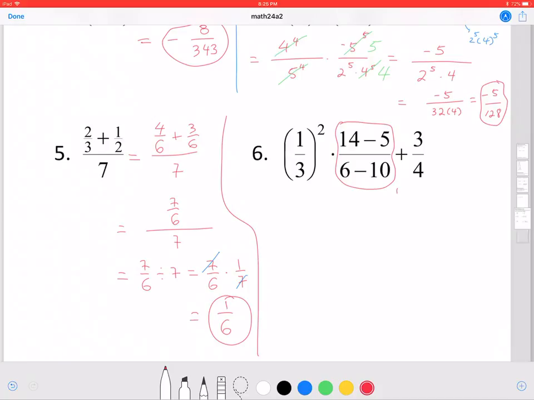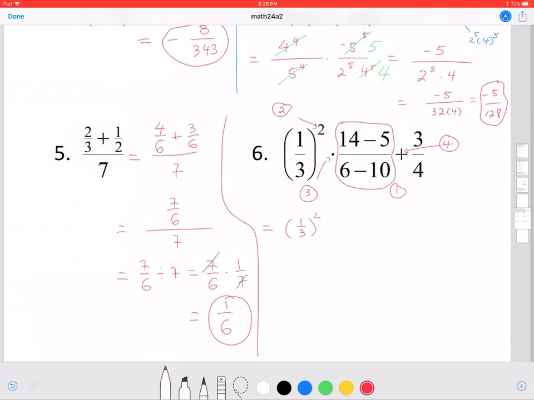So this we will do first. And when we are done, this should turn into a single fraction. And then what's left is we have exponent, so that will be the second thing to do. And then multiplication, and finally the addition. So we do need to follow this order. All right. Okay, so let's begin.